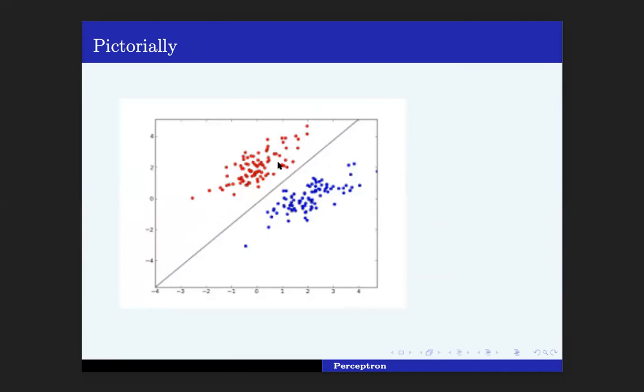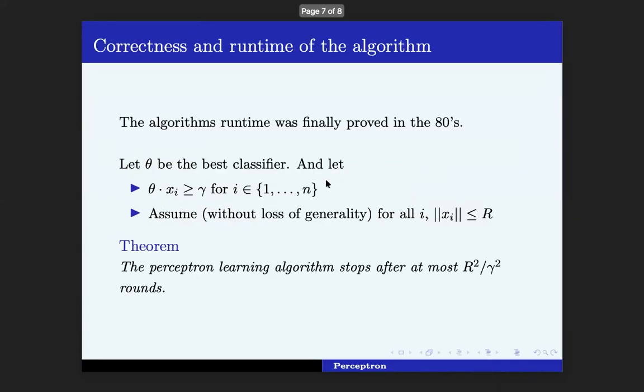The idea is that the set of all red points and the set of all blue points are separated by some amount, which can be talked about as gamma. We can also assume without loss of generality that the norm of all the xi's is less than some R.